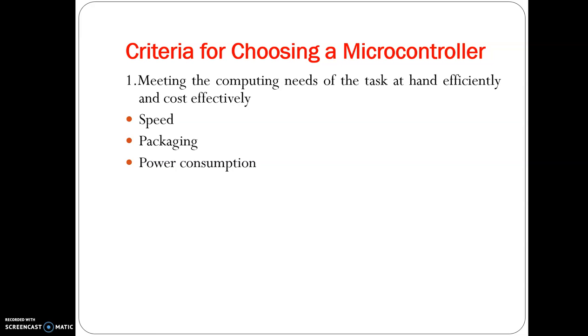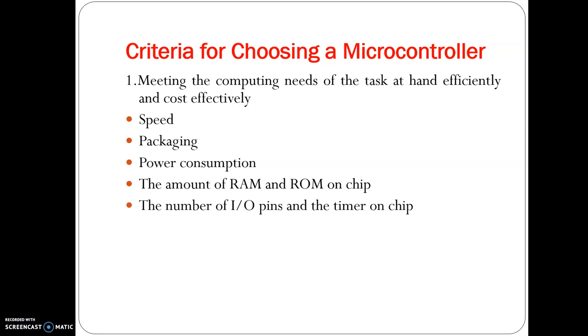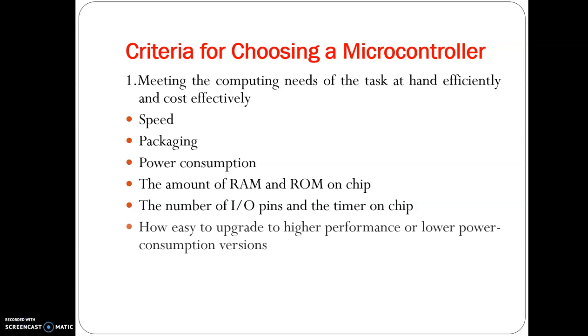So I have to know the power consumption, the amount of RAM and ROM on the chip, the number of IO pins and timers on the chip, and how easy it is to upgrade to a higher performance or lower power consumption version. And the last one is the cost per unit. This is important in terms of the final cost of the product in which a microcontroller is used.